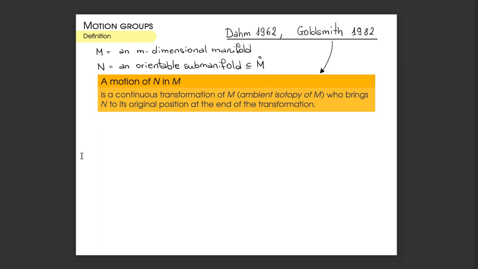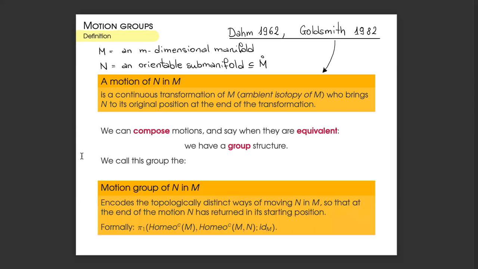How can we see braid groups? Well, points moving around the disk. Okay, let's move it up to other dimensions like this. And then Goldsmith took it again in 1982 to work on motions of other kinds of spaces rather than just points in disks.